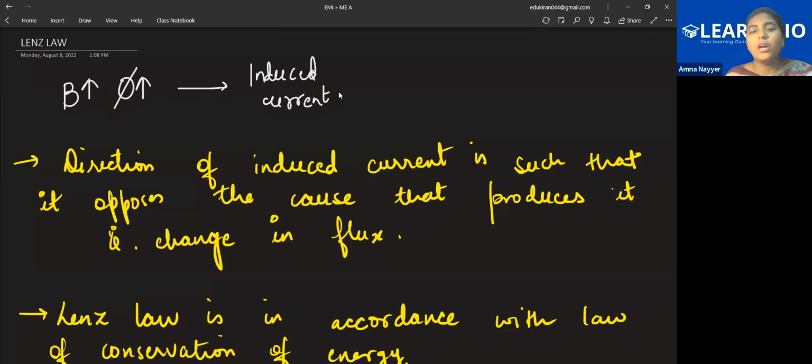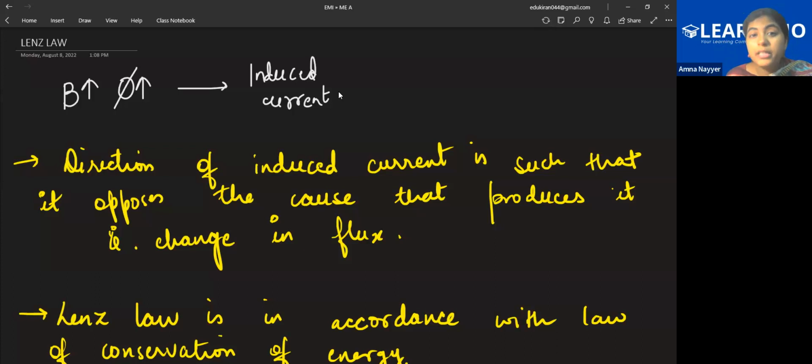Now I have got the magnitude of induced current. Now I want to develop the direction. That's what our task is. Magnetic field is increasing, the magnetic flux is also increasing, and now we have to find out the direction of induced current.